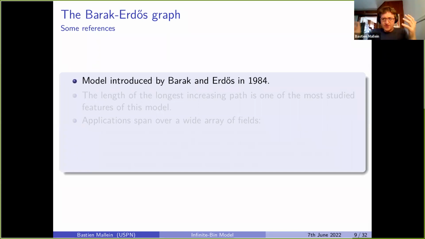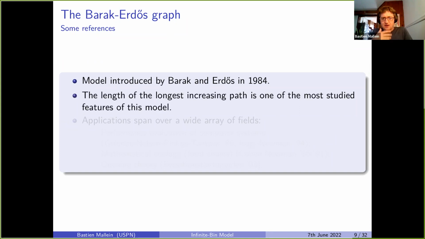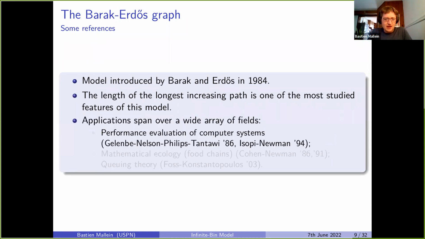The model of this directed loop-free random graph was introduced by Barak and Erdos in 1984. That's why we call it that way. But they were not interested in studying this longest path, but it's one of the most studied features in this model. And it's used as a way to evaluate, for example, the performance of computer systems.